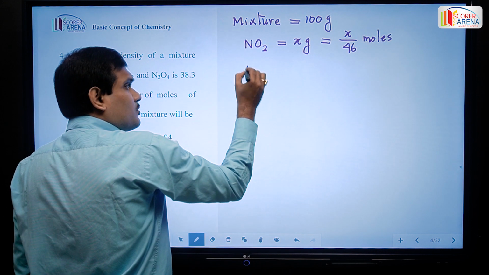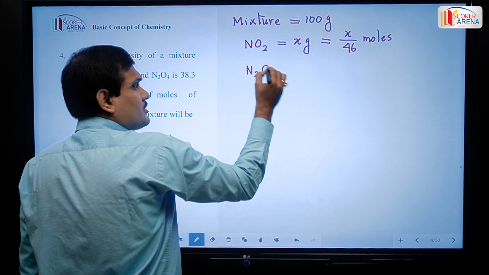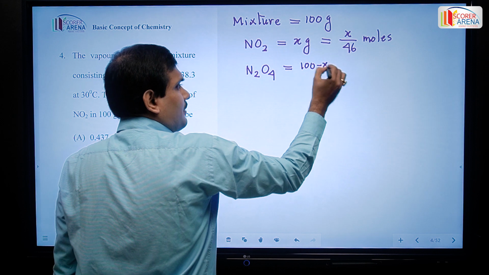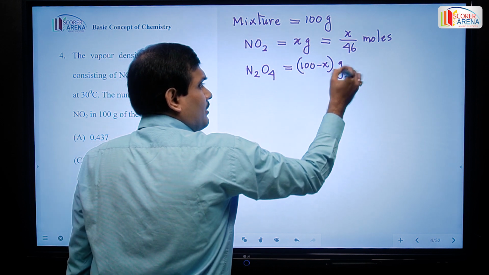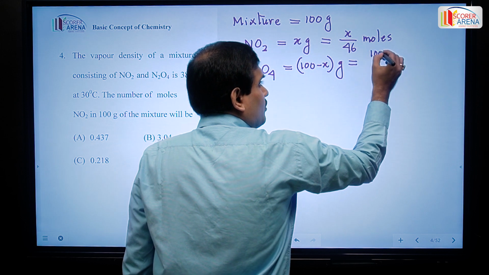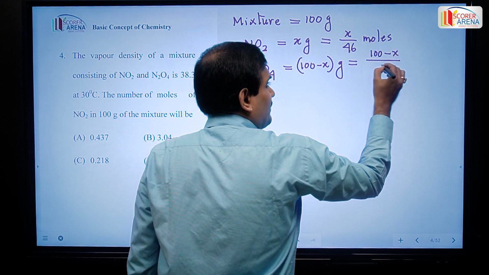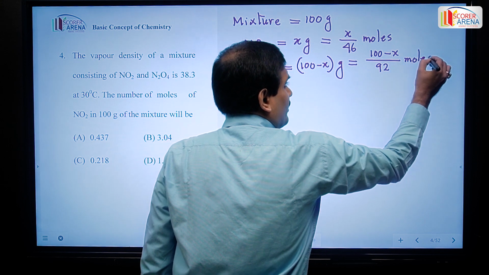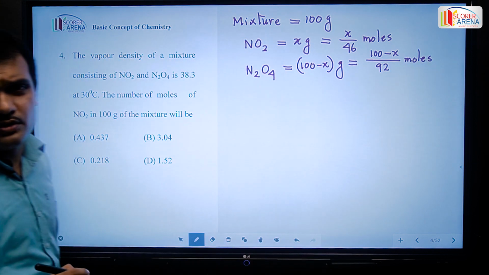The rest amount is N2O4, that will be 100 minus x gram. If we convert it into moles, it will be divided by 92, since N2O4 has molar mass 92.